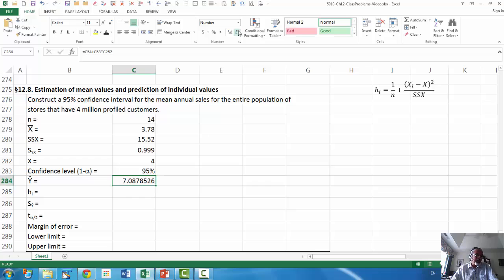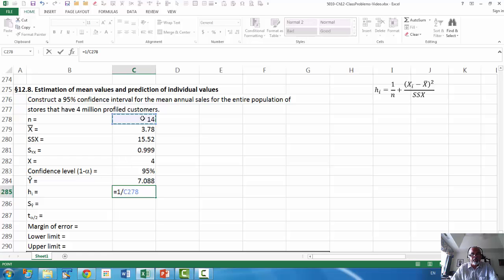And then we need the h sub I value, which is given here. H sub I is 1 over n, that's the first part, plus x minus x bar, squared, divided by SSX.